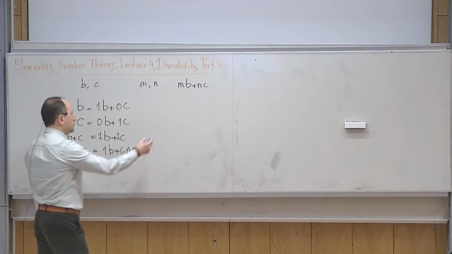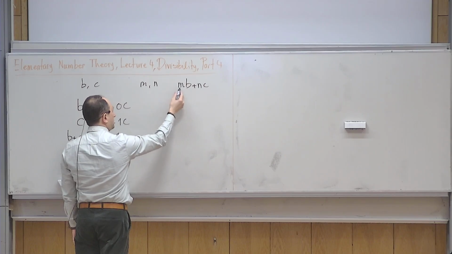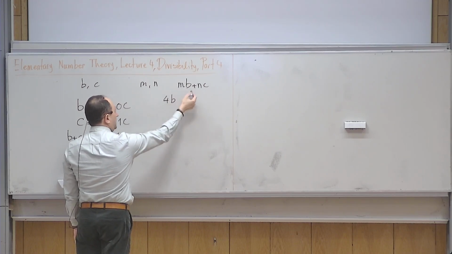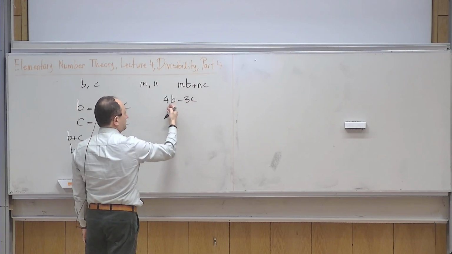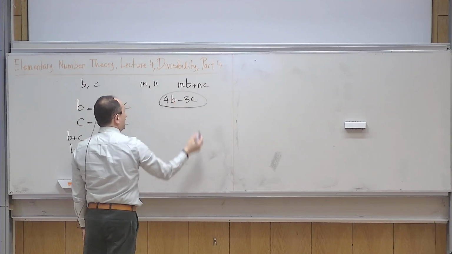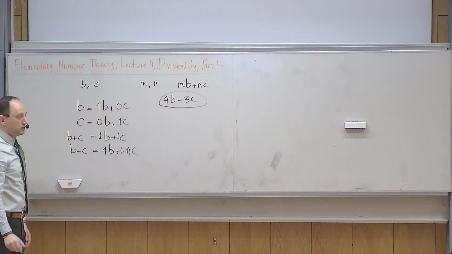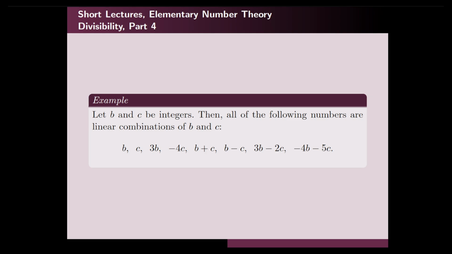For example, I can choose M to be 4 and N to be minus 3. Of course, we do not write 4B plus minus 3C. That is exactly a linear combination as well. So this is the reason that all the numbers in this list are called linear combinations, and two very important special cases are B plus C and B minus C, the sum and the difference of the integers.